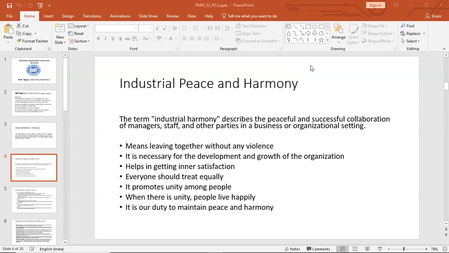Living together without any violence, necessary for development and growth, helps in getting inner satisfaction. These are the advantages. Once you have good relations, employees will have a good feeling inside, good satisfaction.